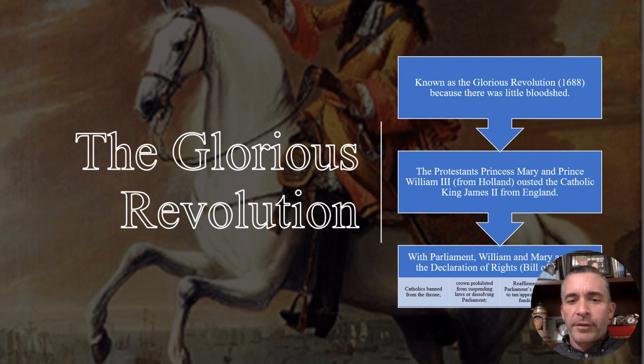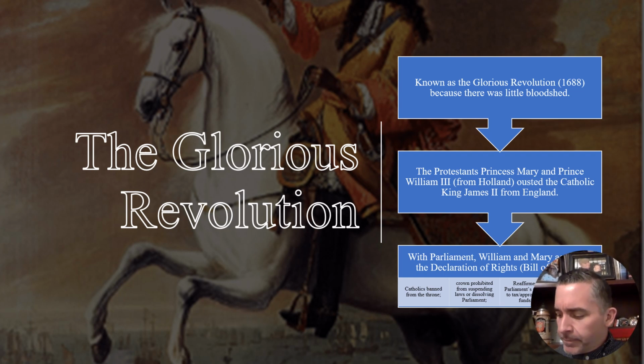So this coup happened in coordination and conjunction with British elites in Parliament, and after James II fled the country, William III and Mary met with the English Parliament, and they agreed to the Bill of Rights, or the Declaration of Rights. This solidified Parliament's power as a counterbalance to the monarchy.